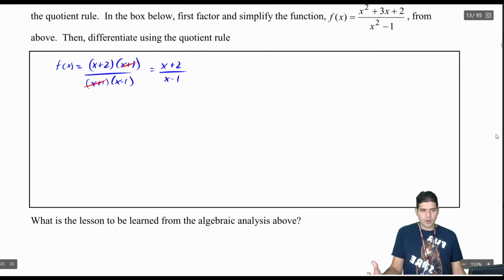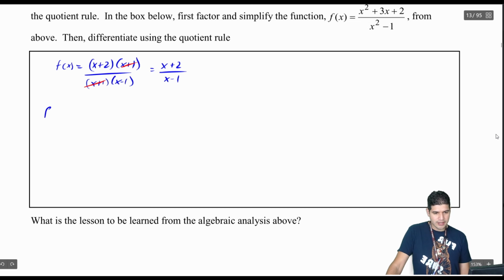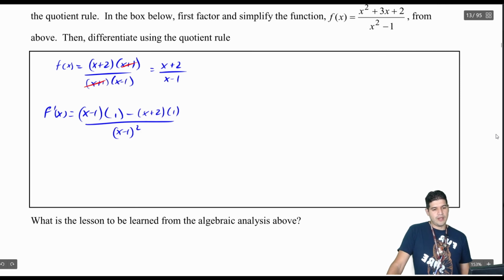Now I still need the quotient rule, so that's okay. So f prime of x is low, so x minus 1, d high, so that's just 1, minus high, so x plus 2, d low, so just times 1 again. Square that denominator, so x minus 1 squared, and away we go.